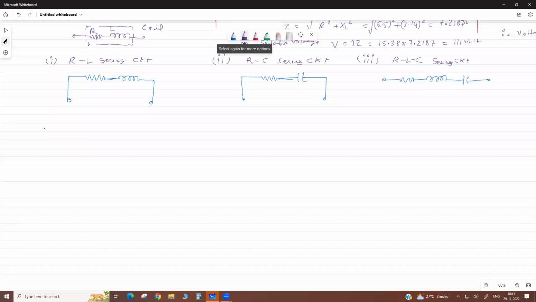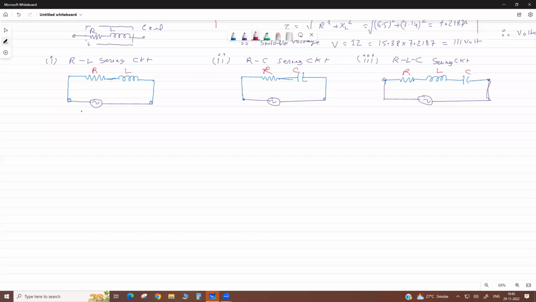So when we connect an AC sinusoidal voltage source to all these three circuits, my dear, this is R, L; this is R, C; this is R, L, C.